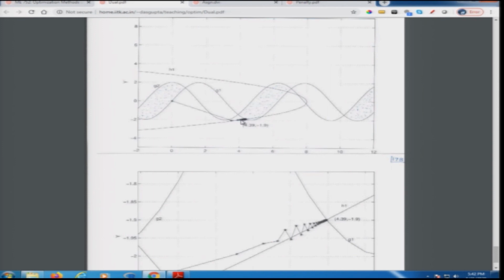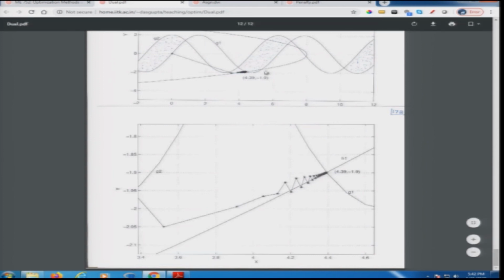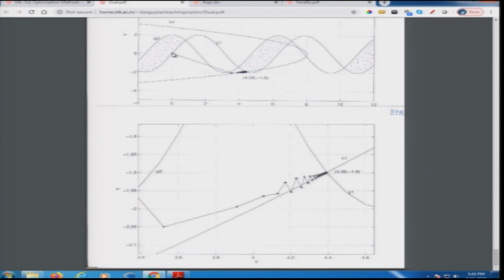If you blow up this segment, you will see that this long jump is basically this, and then this small crawling is one iteration, another, and finally it converges here, which satisfies all constraints. It is satisfied on the boundary, this satisfied with a margin, and this equality constraint also it satisfies. So, this kind of barrier of infeasibility, the augmented Lagrangian method can very well overcome on the way.